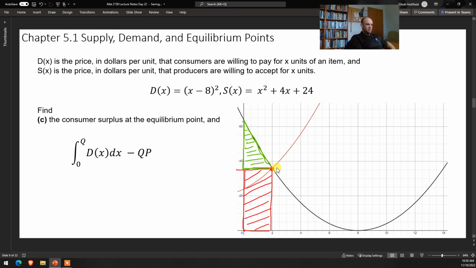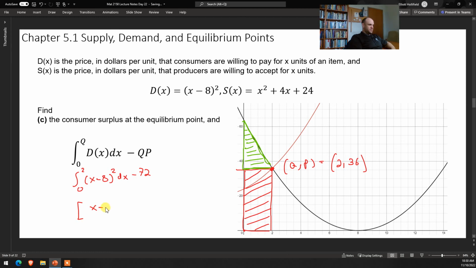Our equilibrium point is (Q, P), which is (2, 36), and that multiplication gives us 72. So we take the integral from 0 to 2 of (x minus 8) squared dx. Then we subtract 72.